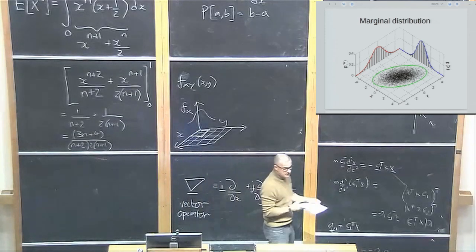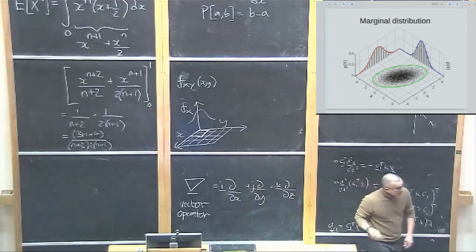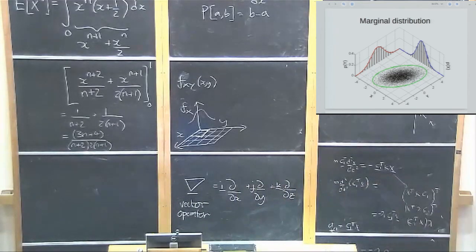Sometimes you're asked for this thing called the marginal distribution. Say we have a two-dimensional distribution, and here is a bunch of measurements which have been made in some physics experiment. I'm going to say that the Gaussian shape here at an angle is the probability density function underlying these measurements.